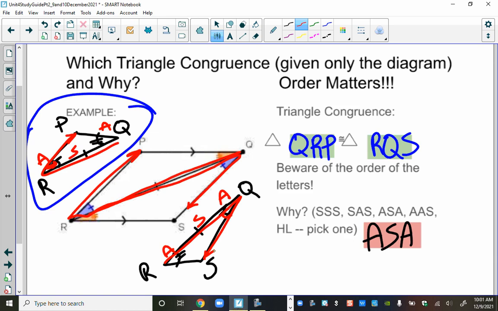So that one was a tougher one. I think what's gonna happen in the actual test is you'll either get the congruence or you'll just get the diagram, but then you have to say why.